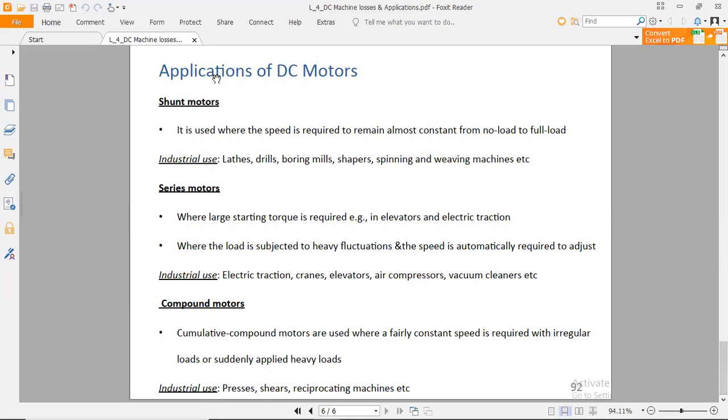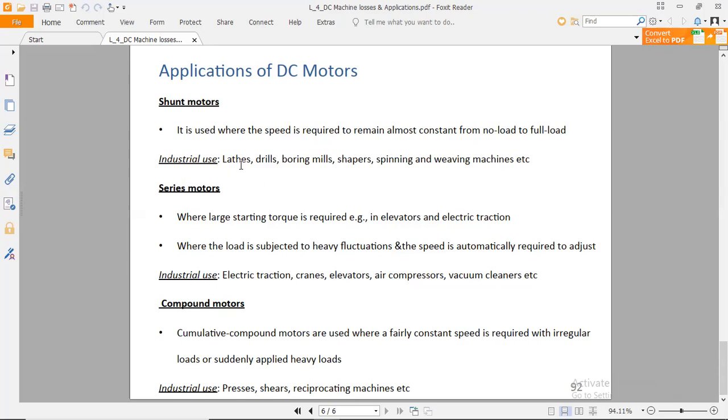Now, moving towards the applications of DC motors: shunt motors. A shunt motor is used where the speed is required to remain almost constant from no load to full load. So speed is constant from no load to full load, remains the same, whether the load is on or the load is full.